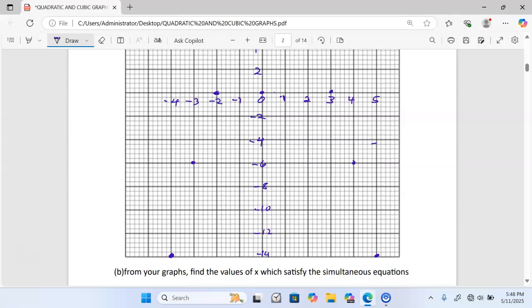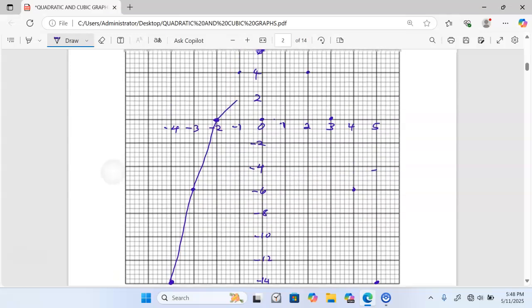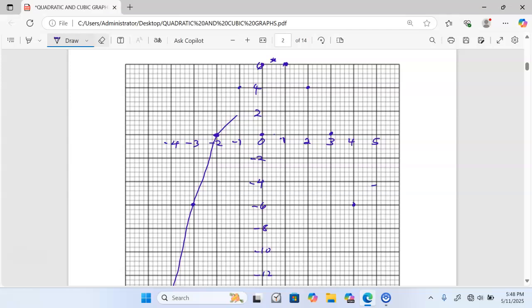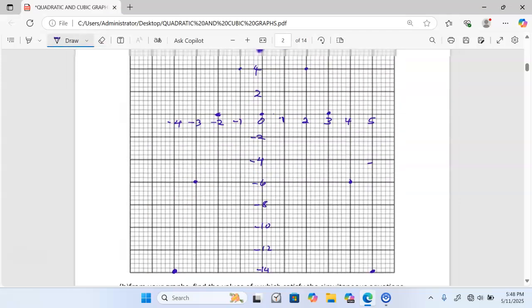We join all our points this way. We are going to join our points like this.